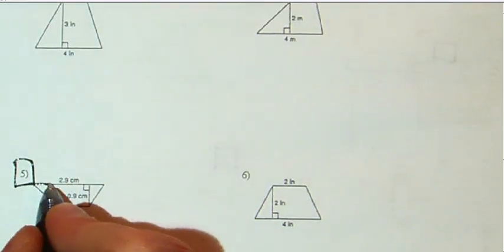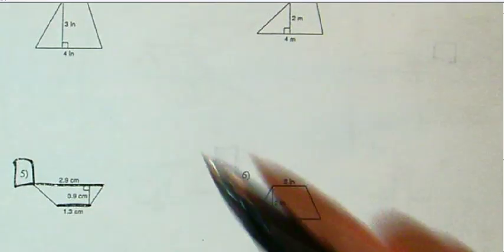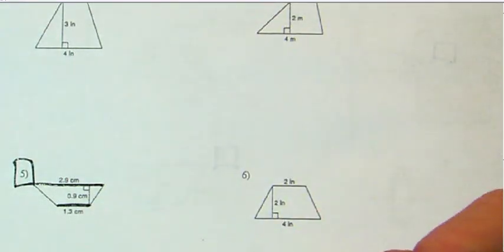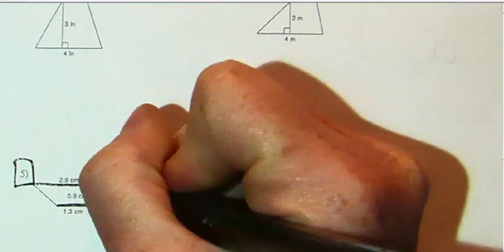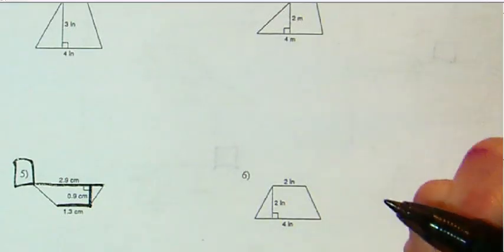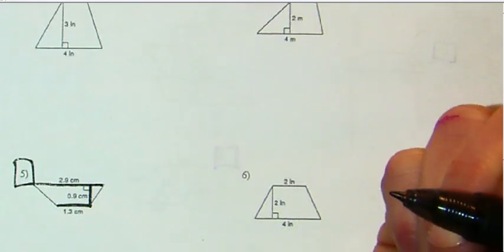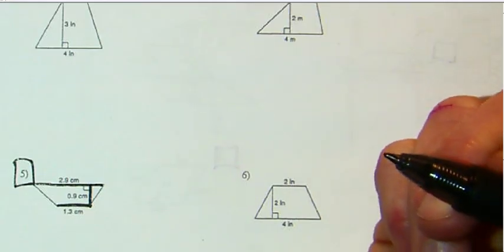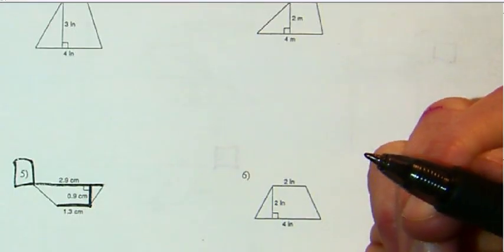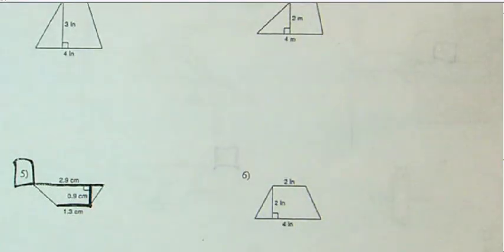This 2.9 is parallel with this 1.3. These are my two bases. My height is the vertical or perpendicular length to one of my bases or to both my bases. So that should give you the information you need in order to calculate the area of this trapezoid. So go ahead and try this one on your own.